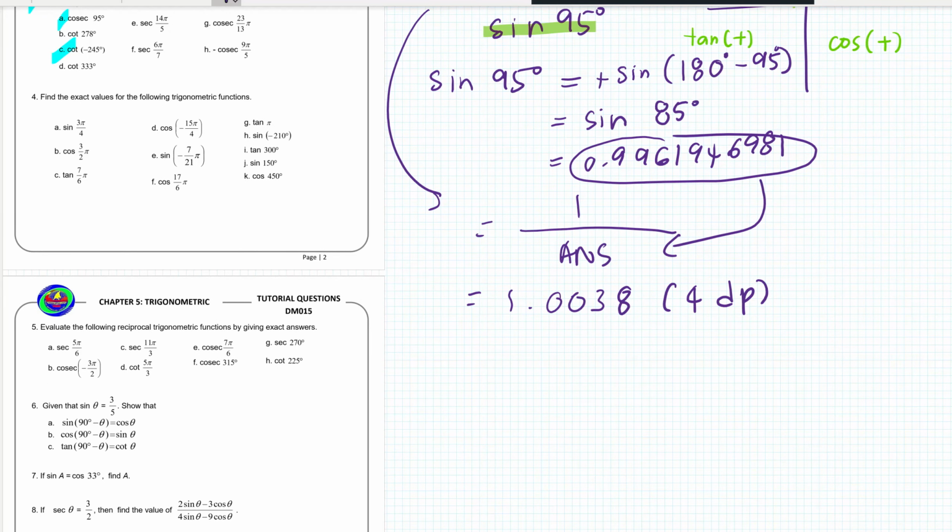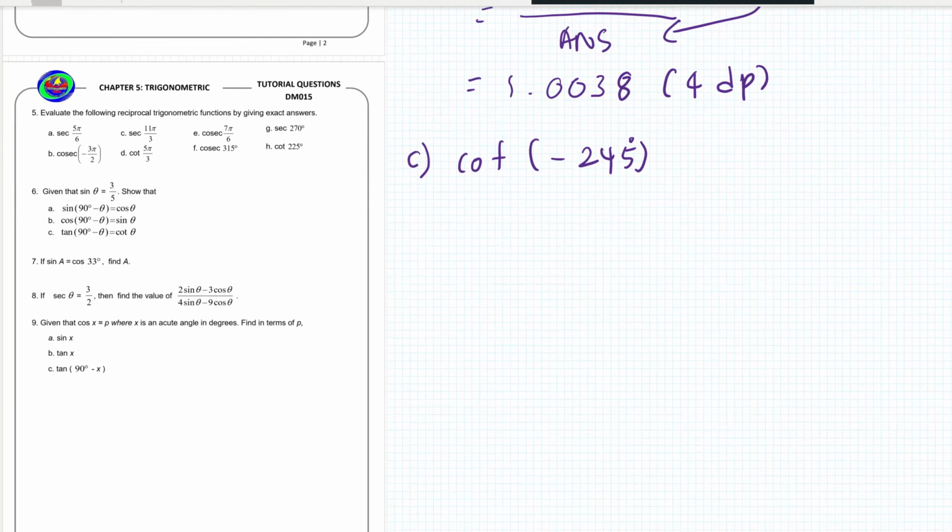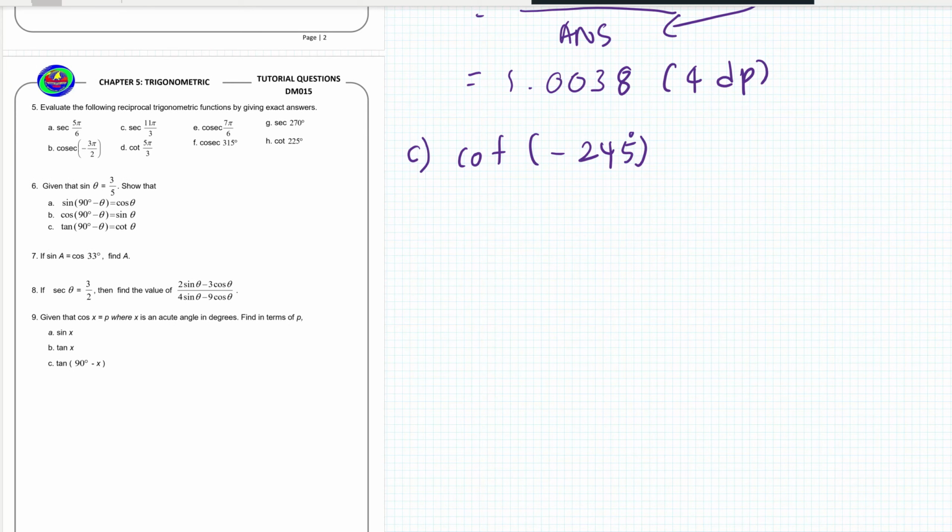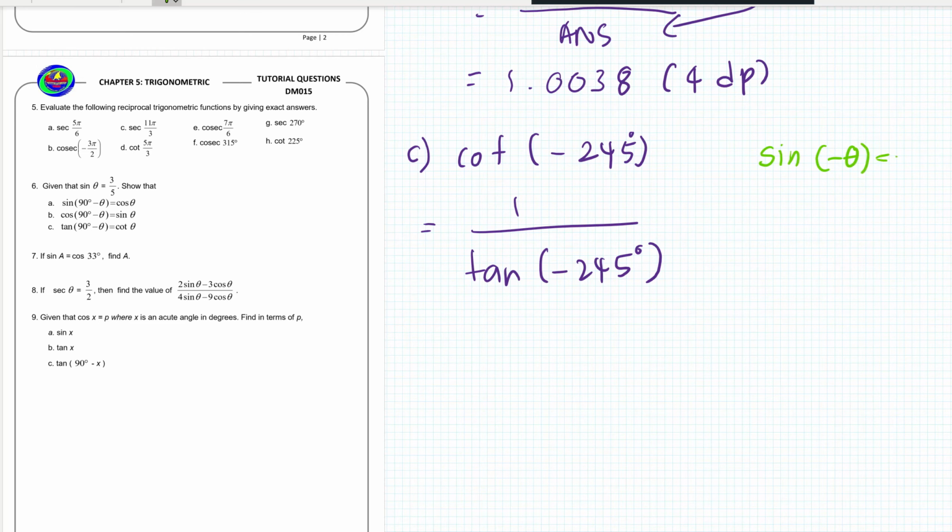For question C, we have cosec negative 245. Look carefully at how to calculate if you have a negative angle. First, we need to change it into sine, cos or tangent. In this case, we have tangent; cot is 1 over tangent. You need to memorize this: sine of negative theta is equal to negative sine theta.